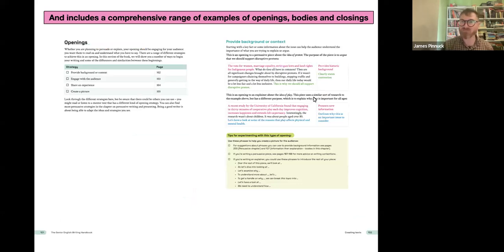So this is a big difference from the current fourth edition, which just has a general range of examples of openings, bodies, and closings. But the new fifth edition has a section specifically about persuade and explain writing, and has a more expansive range of examples of openings, bodies, and closings for those two types of writing.